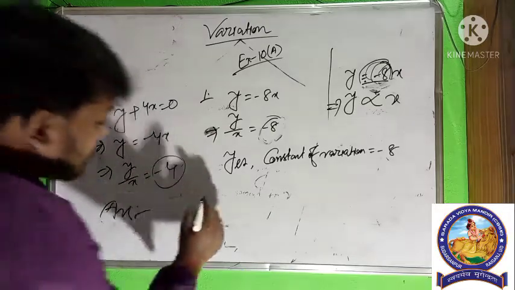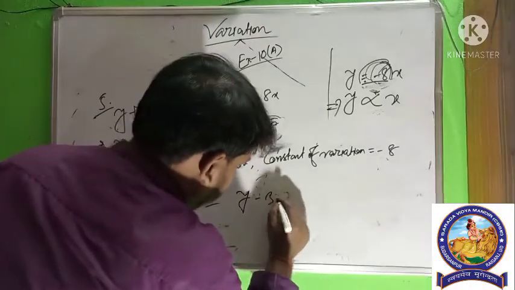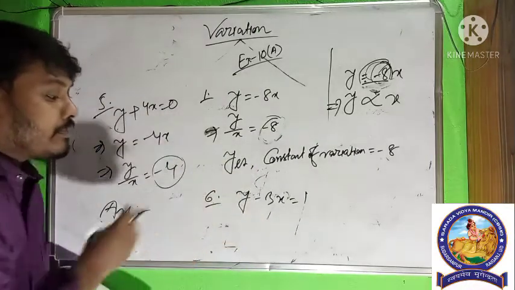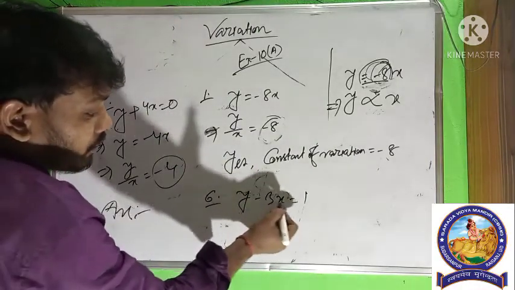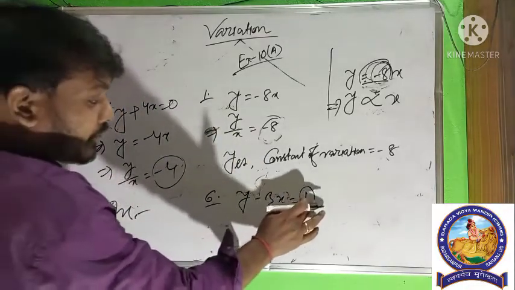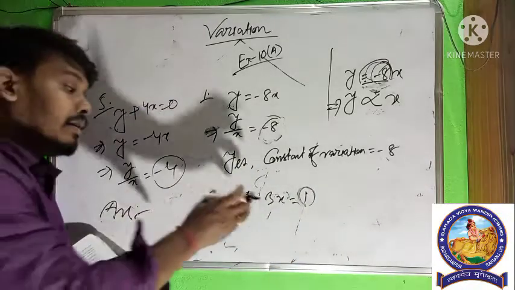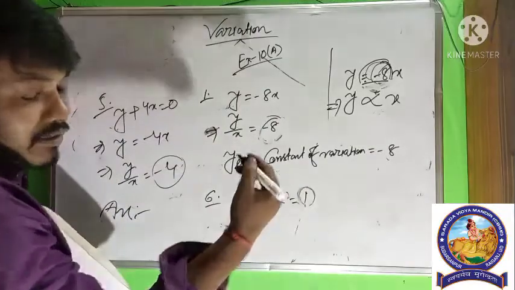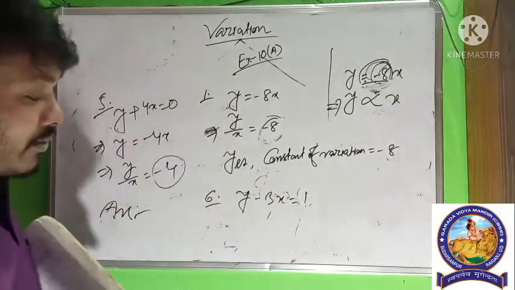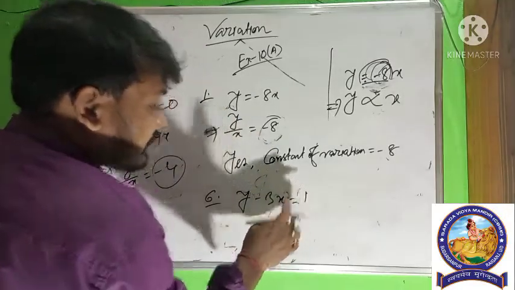Sixth one. Okay, 3x minus 1. Here another constant is there. So if two variables are connected by plus or minus and another constant is there, then it cannot be defined as variation.